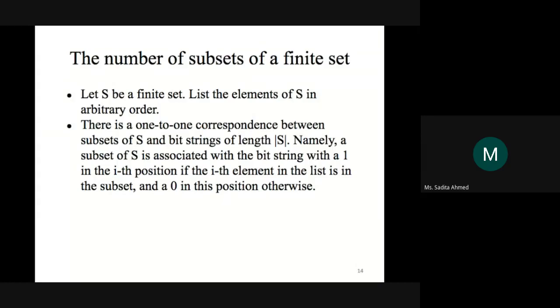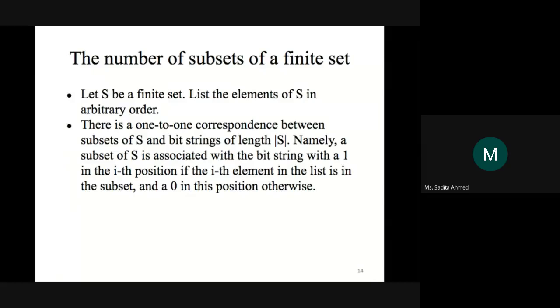How so? We can represent all subsets of S using bit strings. If you arrange the elements of the set S in some arbitrary order, whatever order you want, and keep them that way, and represent the set S using a bit string, in that case its subsets can also be represented using a bit string.